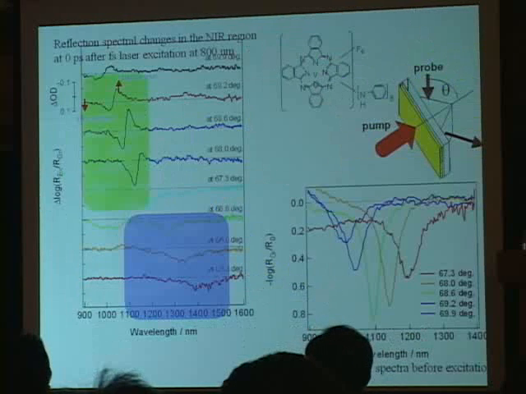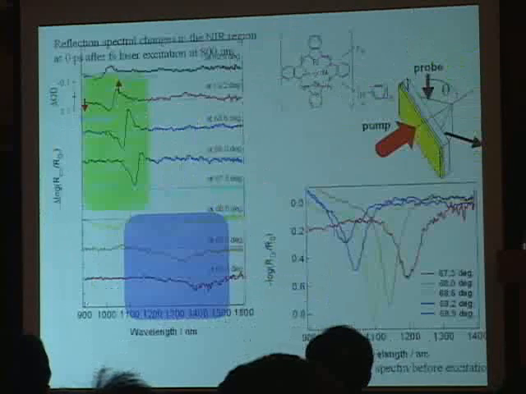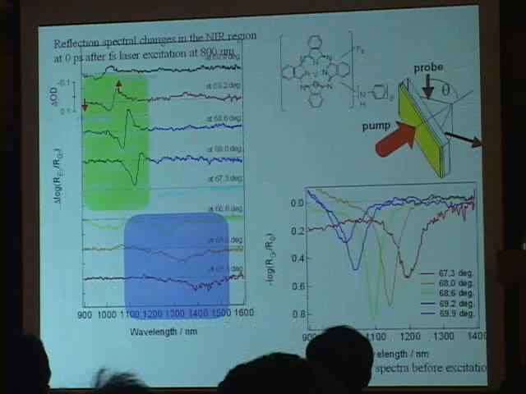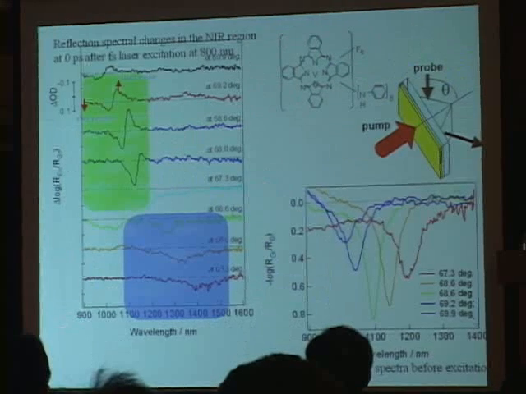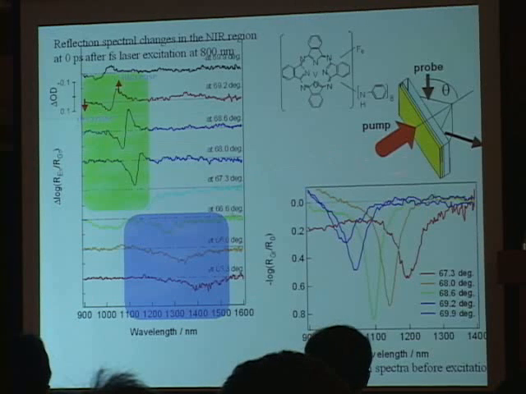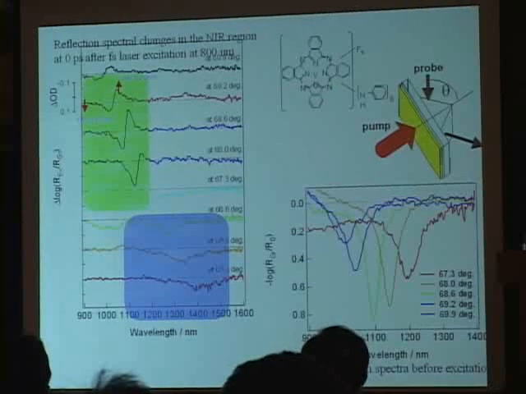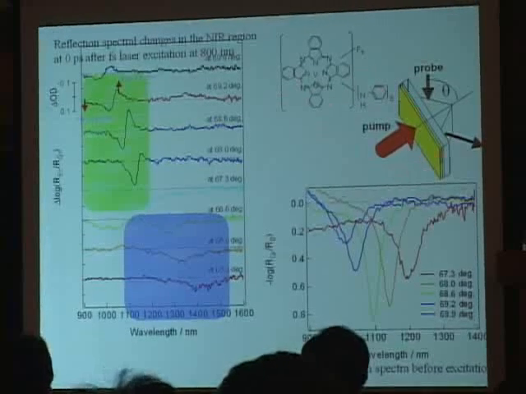And this is in the visible region, and we also demonstrated by using this phthalocyanine in the near infrared region from about 900 to 1600 nanometers. So by using this phthalocyanine, which was dispersed in another polymer, we made the photoresponsive layer shown here.